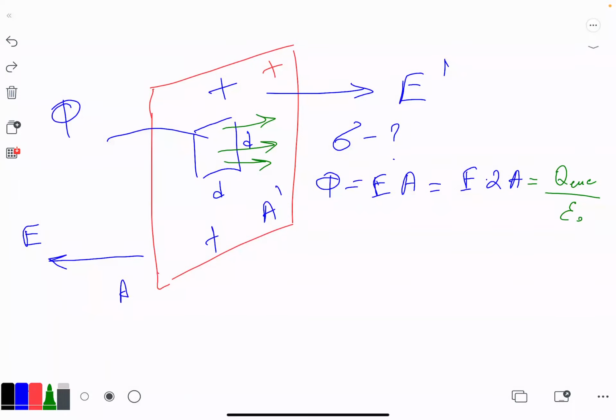Now, the formula of the area charge density is total charge divided by area, correct?